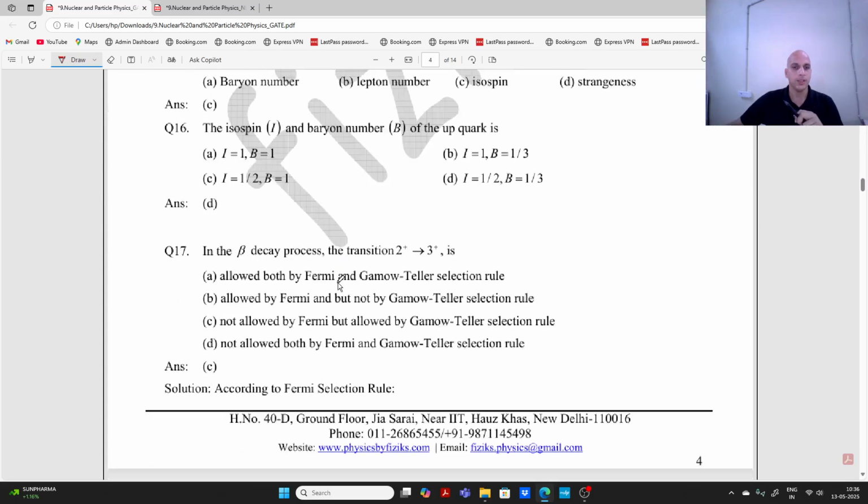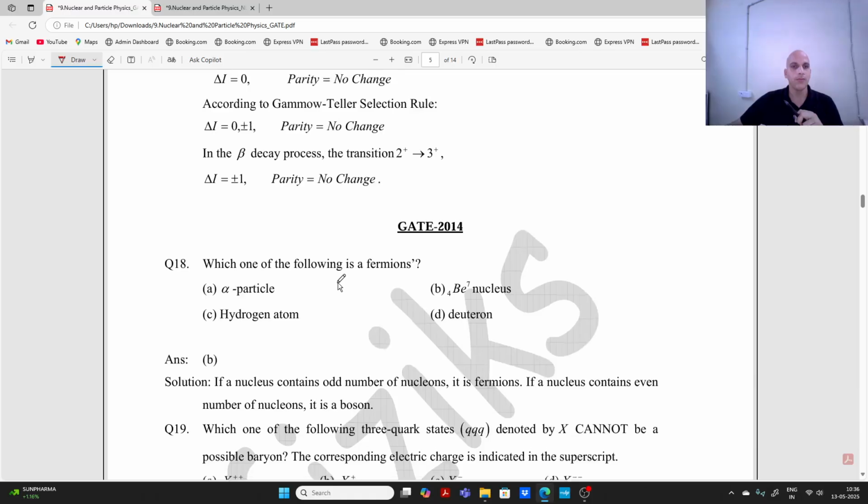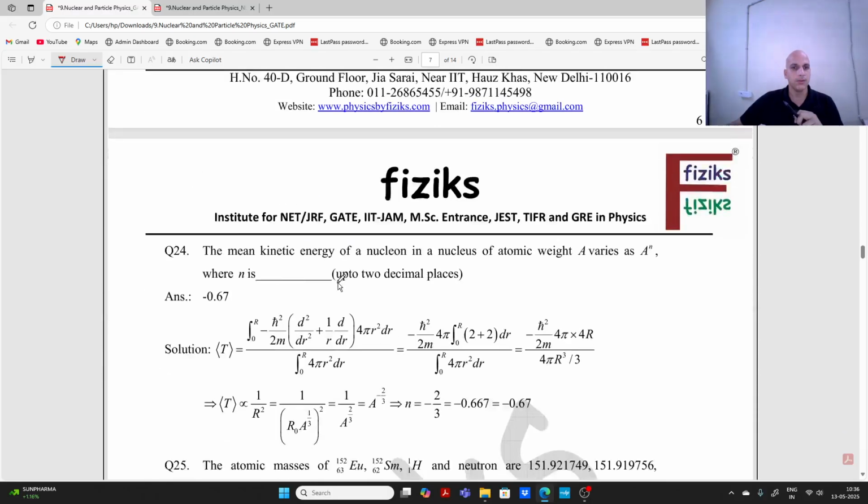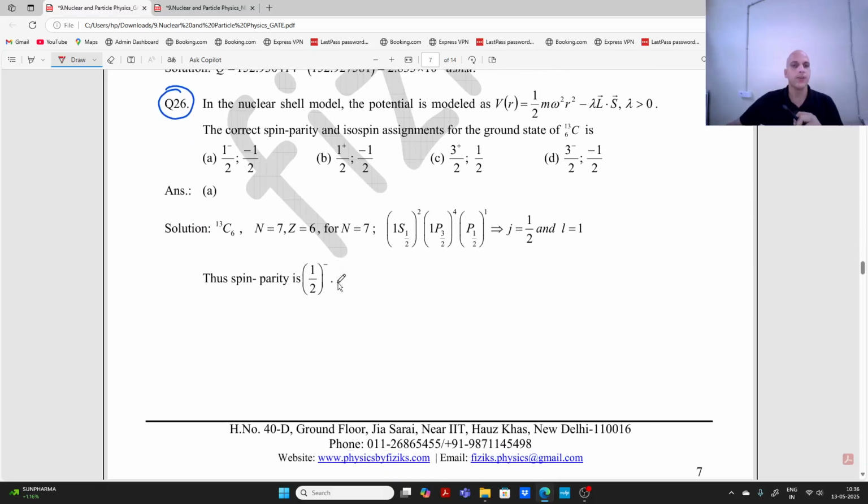Now I am coming to the next question. You can see here. The question is again the nuclear shell model. In the nuclear shell model, the potential is modeled as this one given, right? The correct spin parity and isospin assignment of the ground state, right?